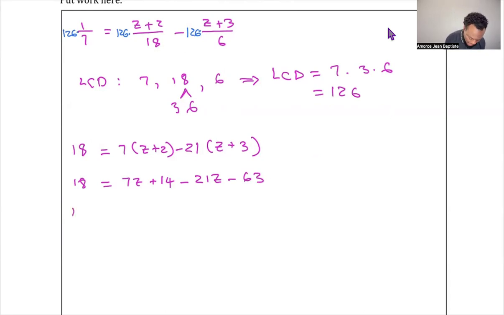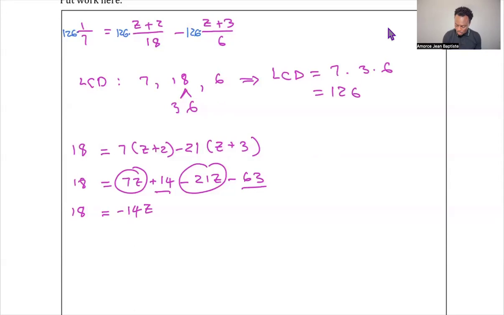Combine like terms, this side is just 18. That's negative 14z. We combine 7z and negative 21z. And then 14 minus 63 will be negative 49.